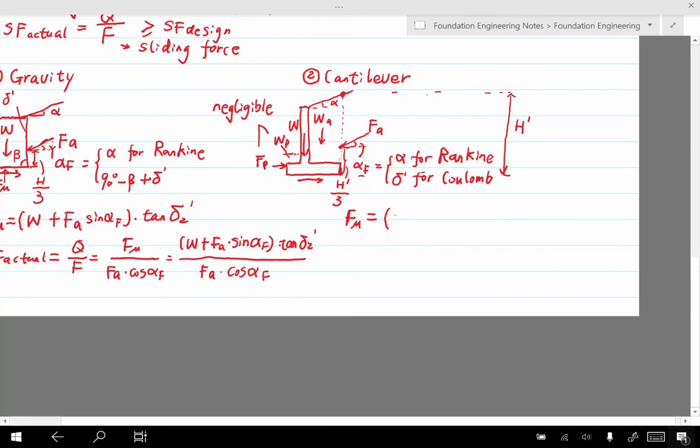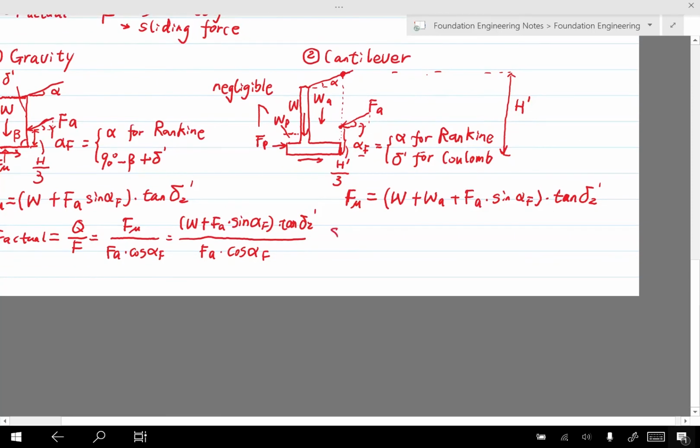So we have W, we also have WA and the vertical component of FA, that is FA times sine alpha F. Then the summation of all these vertical forces times the tangent of the friction angle. This F mu is the resisting force.